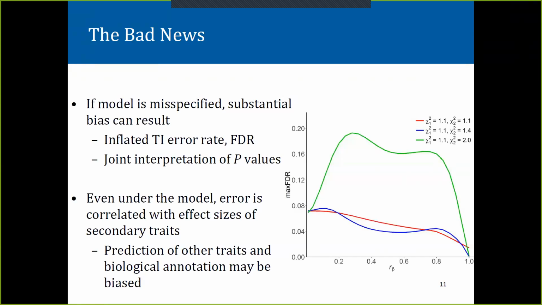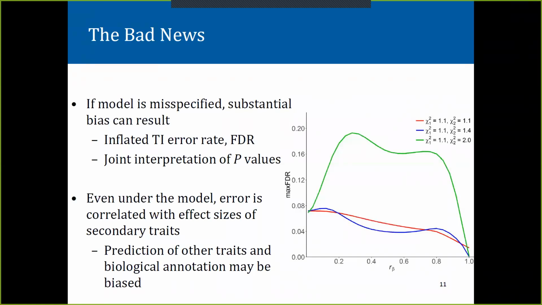And so what I do is I fix, so this is for a 2-trait model. You can see on the x-axis, I have the genetic correlation between the 2 traits that are included. And on the y-axis, I have a statistic that I've called the max FDR. What the max FDR is, we consider a big range of settings, and specifically what I call a multivariate spike and slab setting.